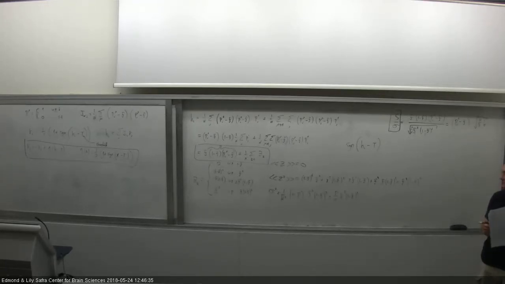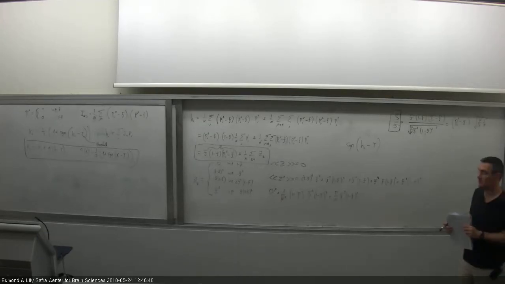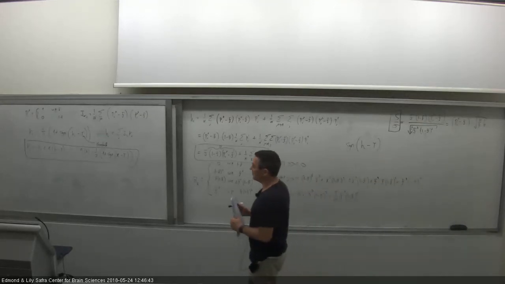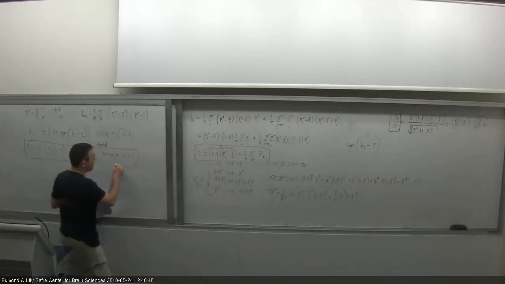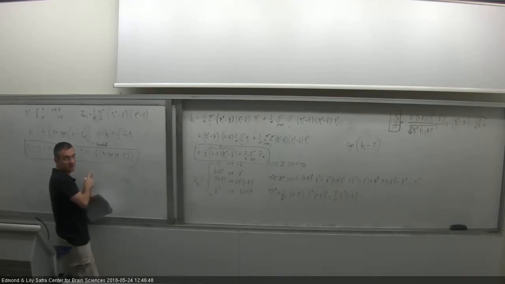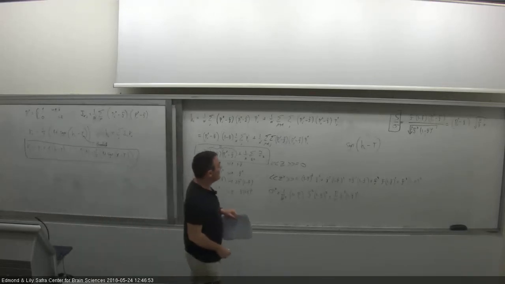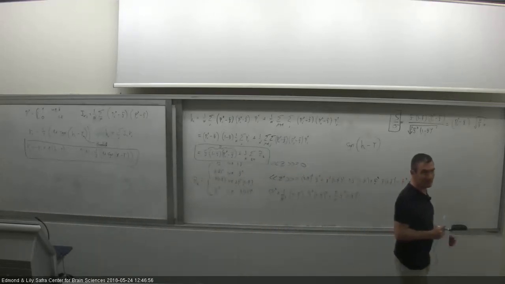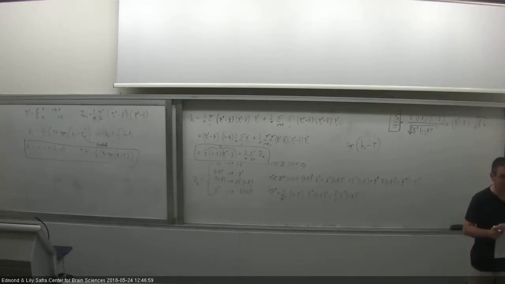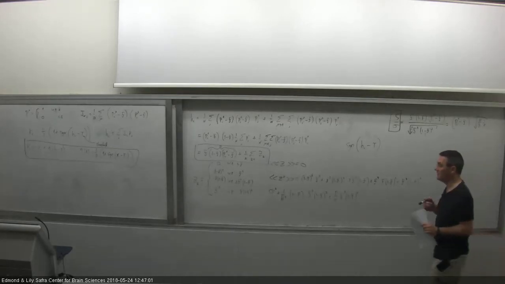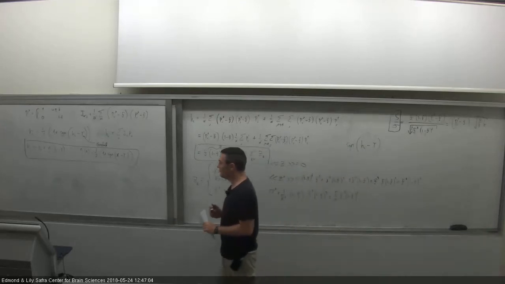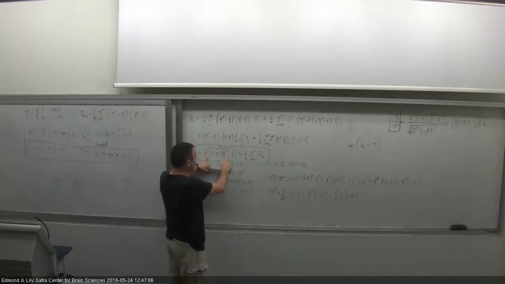So what's the role of the threshold? The role of the threshold is to determine which inputs are to be considered 1 and which inputs are to be considered 0. So let's say that we choose t, the threshold, to be equal to 0, and let's say that there is no noise.